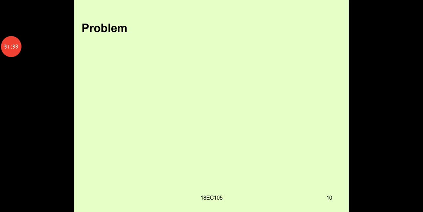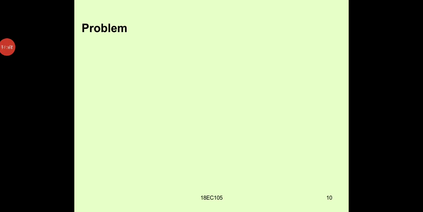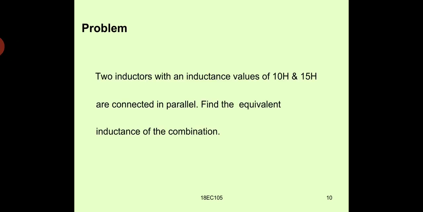Now let us see a problem on inductors connected in parallel. Let us consider a problem where there are two inductors having values of 10 henries and 15 henries, connected in parallel.